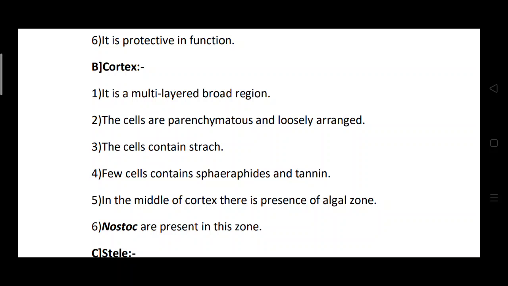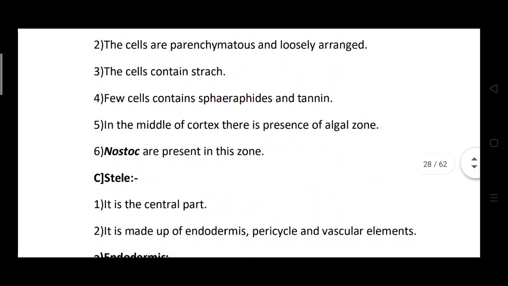As I already discussed with you, this symbiosis will be seen in these coralloid roots. So algal colonies are present in that region. In the middle of the cortex, the algal zone is there, that means the Nostoc colonies are there.